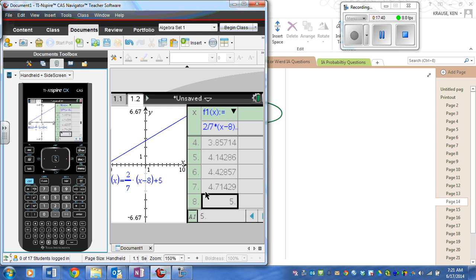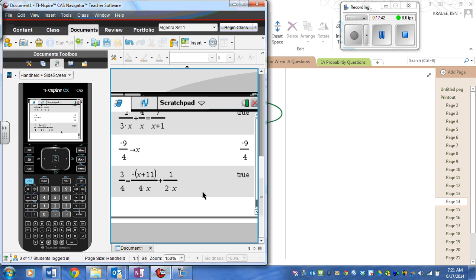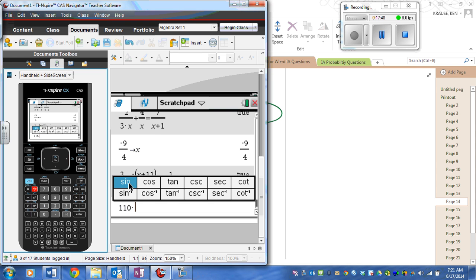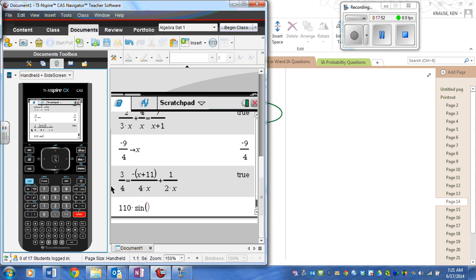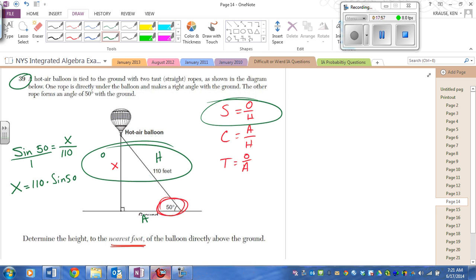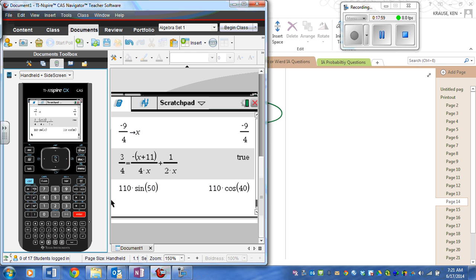And I go back to the calculator. I type in 110 times sine 50. What's 50, right? Enter.